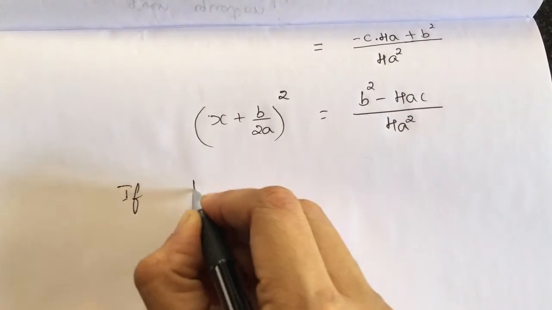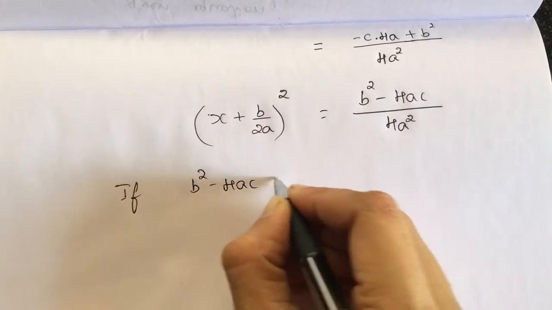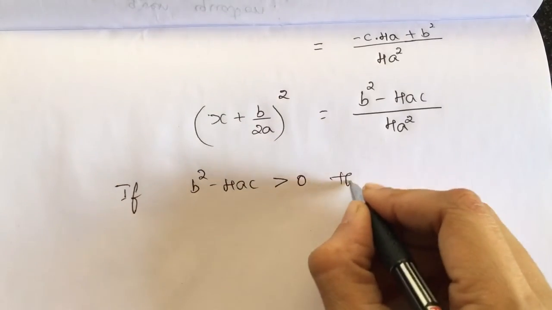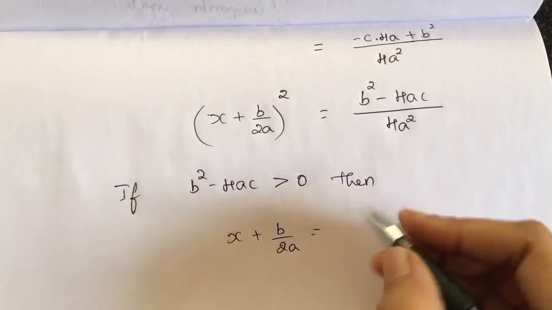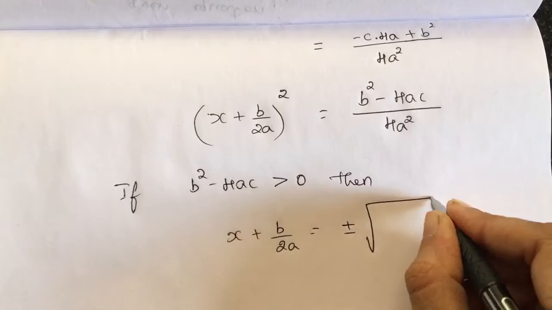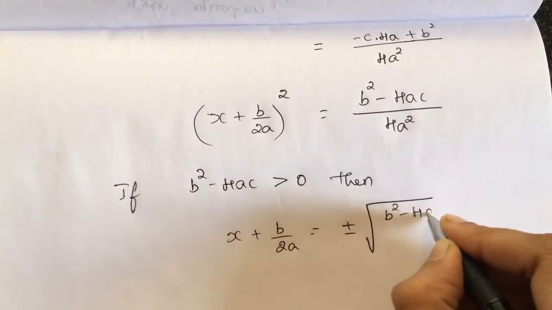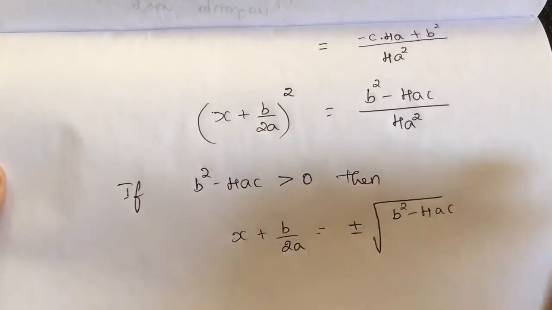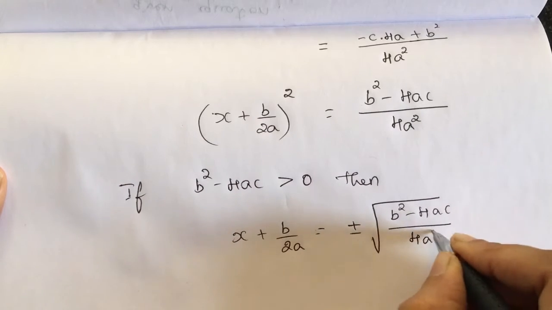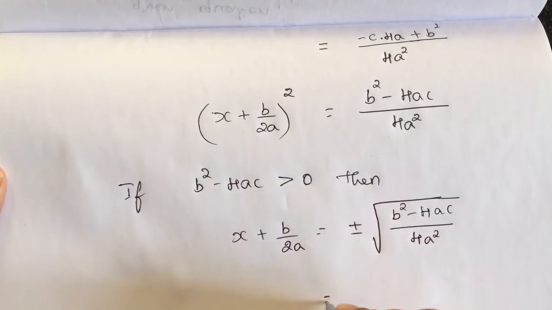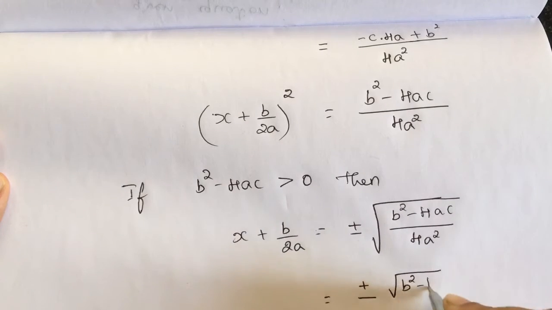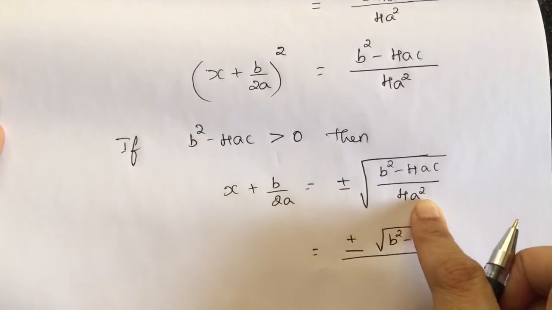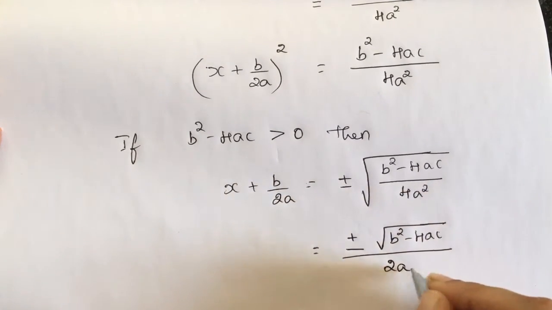So I can write x plus b by 2a equal to plus or minus root of b square minus 4ac divided by 4a square, which is in turn nothing but root of b square minus 4ac divided by root of 4a square, which is nothing but 2a, right?